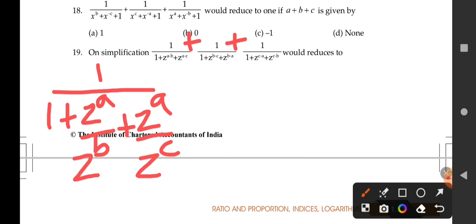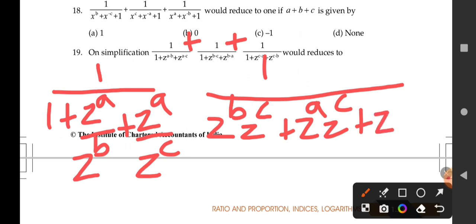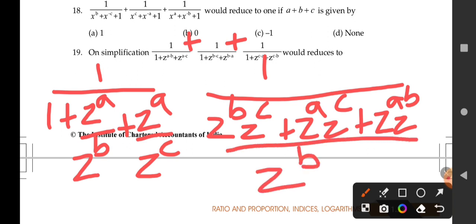So the simplification of the first term is 1 divided by z^b into z^c plus z^a into z^c plus z^a into z^b, and whole divided by z power b into z power c.